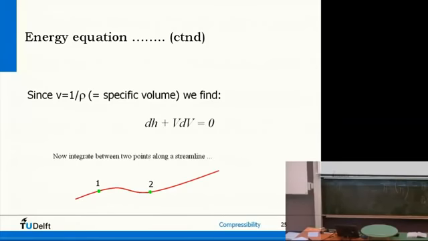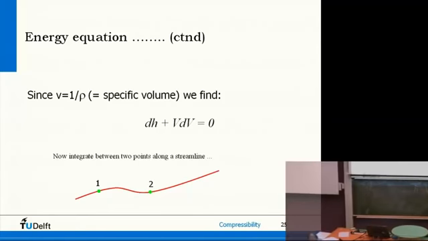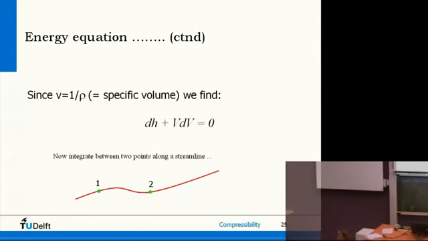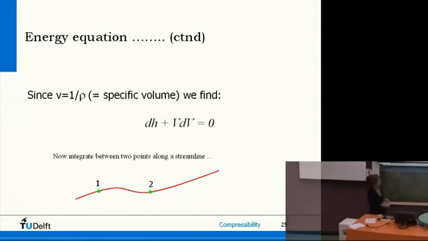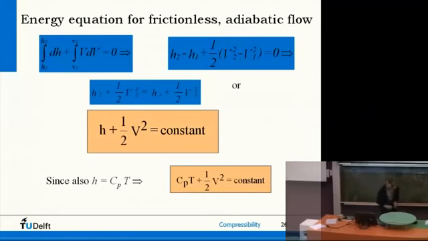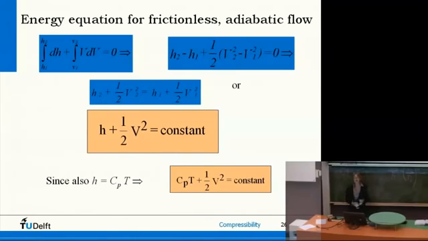So now we're going to integrate this equation along the streamline from point 1 to 2. What I have is dH plus V dV, integrated along a streamline from point 1 to point 2. Very simple, the primitive of dH is h, so I get h2 minus h1, right?